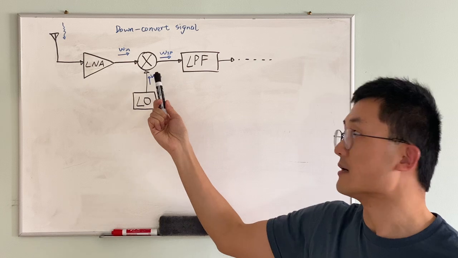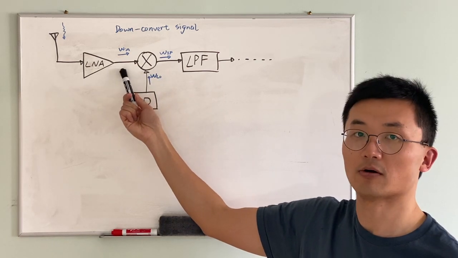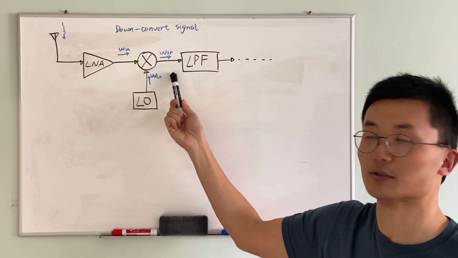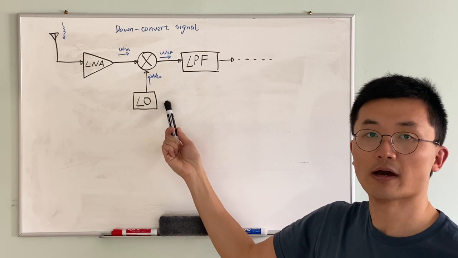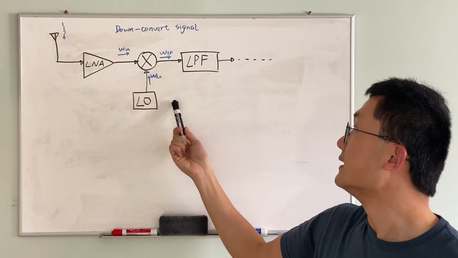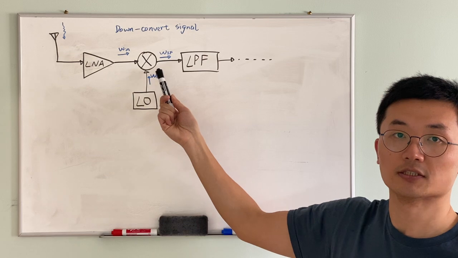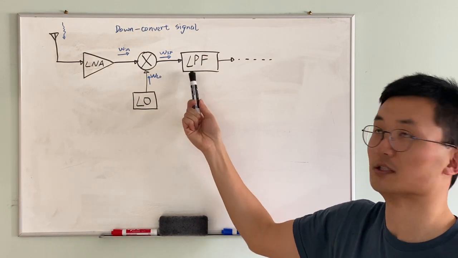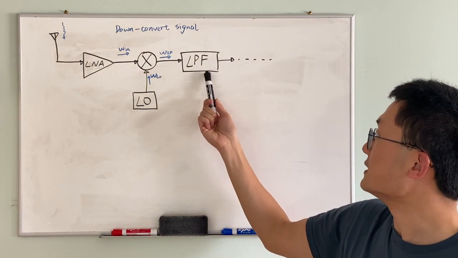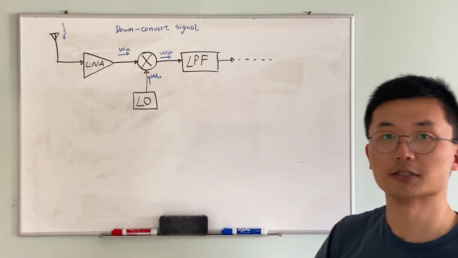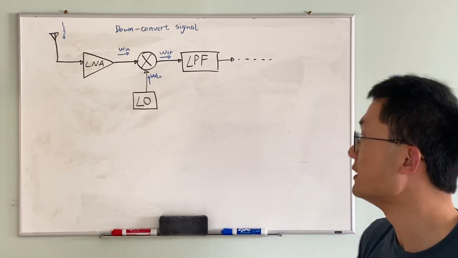A mixer down converts a signal from an RF frequency to an IF frequency through the help of a local oscillator. And then the down-converted intermediate frequency signal goes into what we call the channel select filter, but essentially it's a low-pass filter.